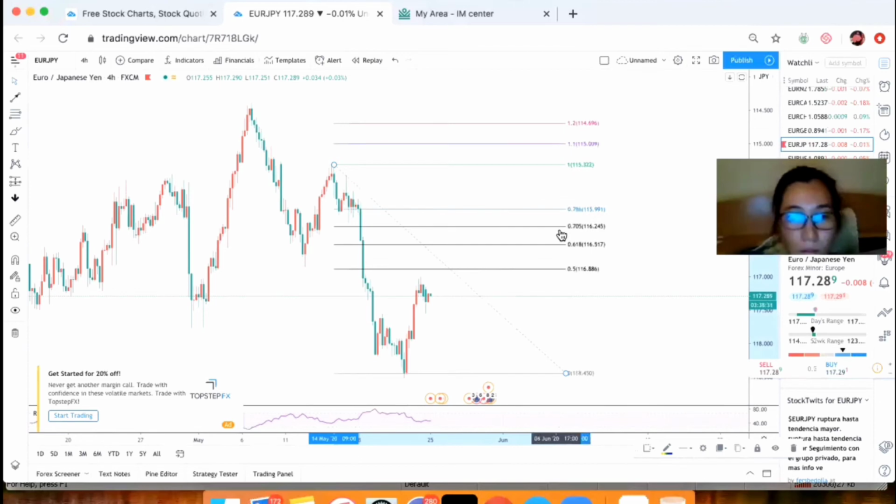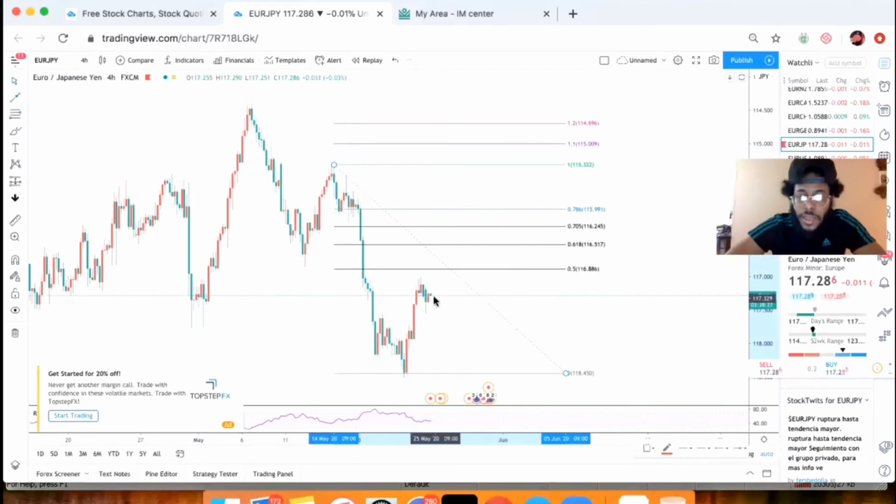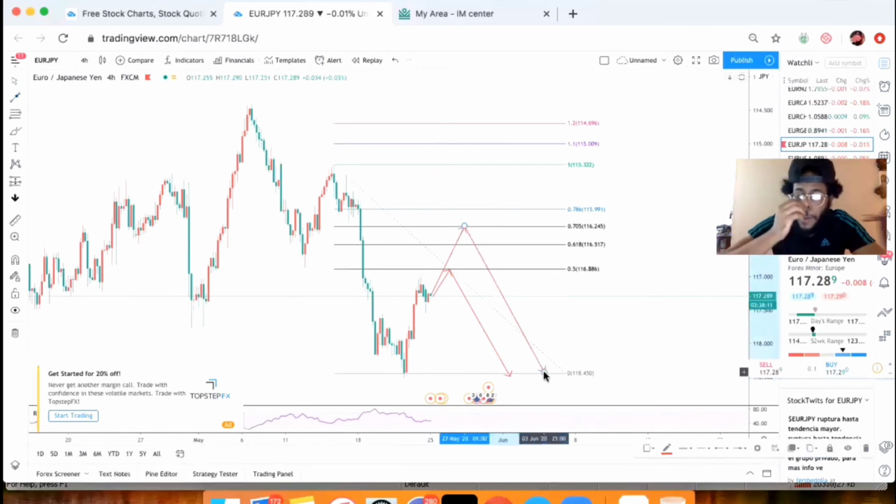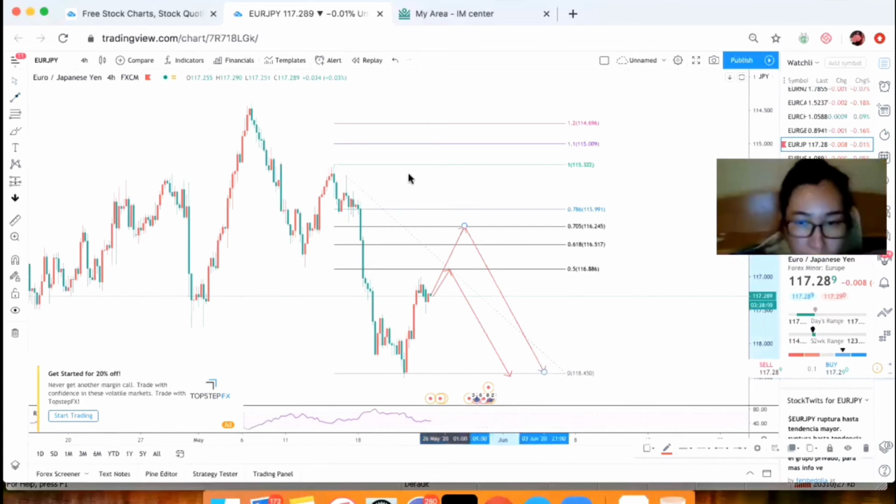We can see that price is here, at the 50%. Yeah, it might react, but banks are probably looking for 70% off to enter there and then push price down. That's how we use the Fibonacci tool.